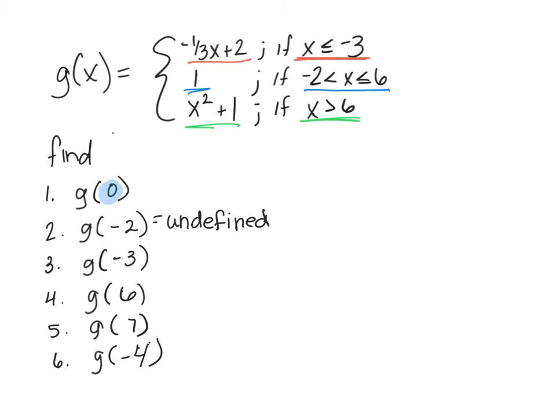So then number negative 3. Negative 3 falls in here, right? Negative 3 is less than or equal to negative 3, so that's a red. And then 6. 6 is not less than or equal to negative 3. 6 is equal to 6, because the equal to sign is here in the blue and not in the green, so we're going to use the blue.